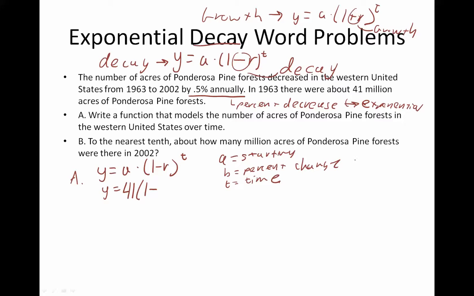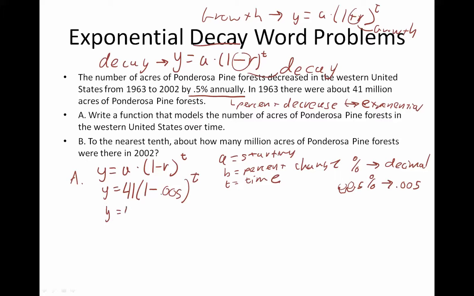Now, remember, just like last time, we need to change our percent to a decimal. So instead of this being 0.5%, this is going to be 0.005 as a decimal, because we're going to move the decimal over twice, right? So that's 0.005, and we're not given time, so that's t.